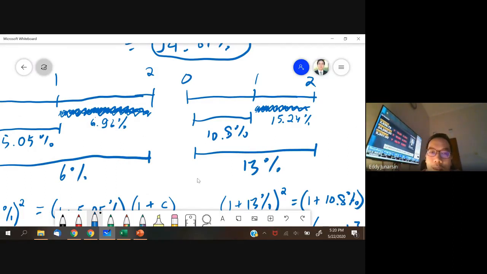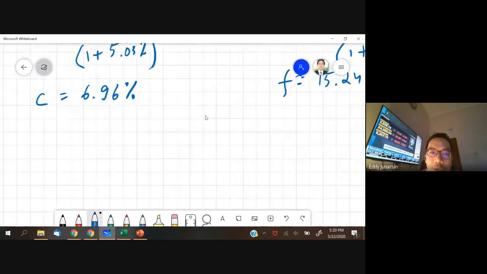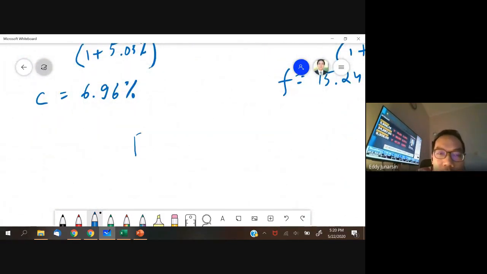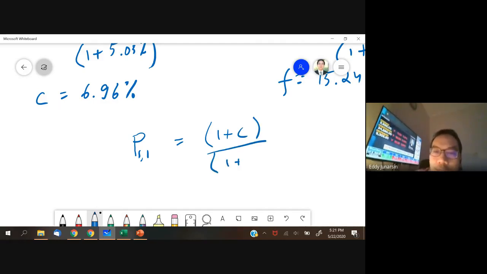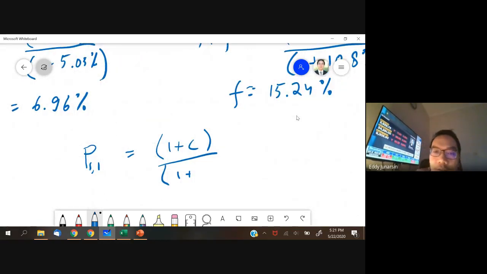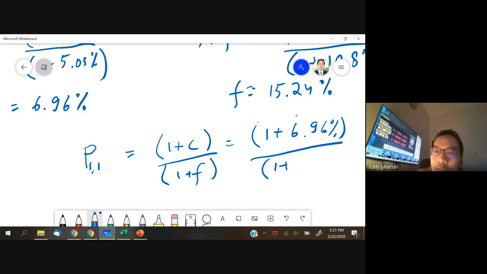Okay, and then yeah, we could put into the equation again, probability of repayment for 1 year, but 1 year from now is 1 plus, what do we name it again? C, the government one, divided by 1 plus the corporation one, F. So 1 plus 96% divided by 1 plus 1524.